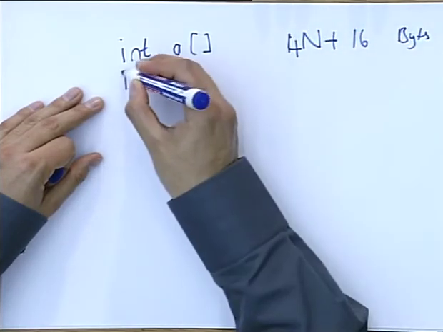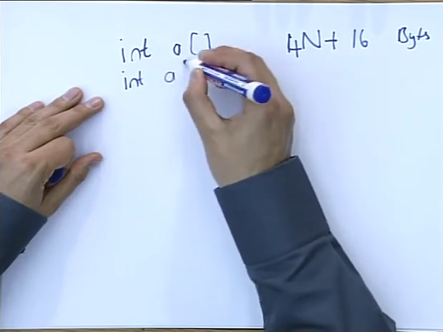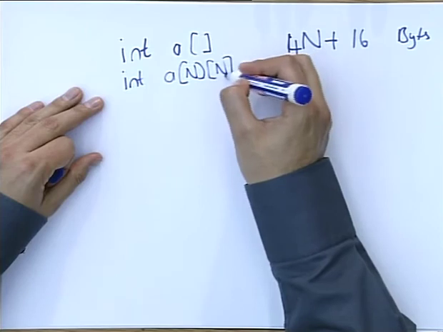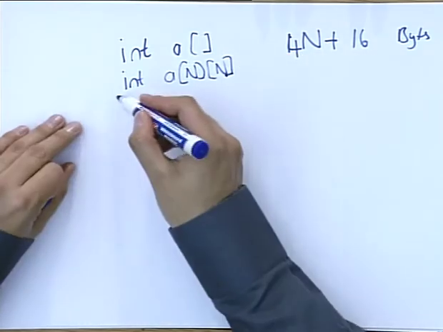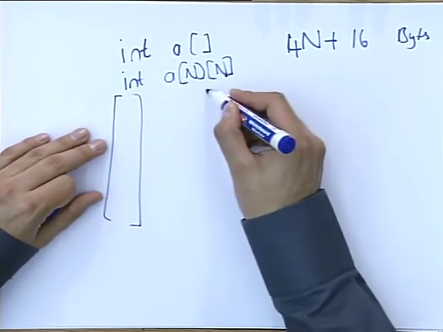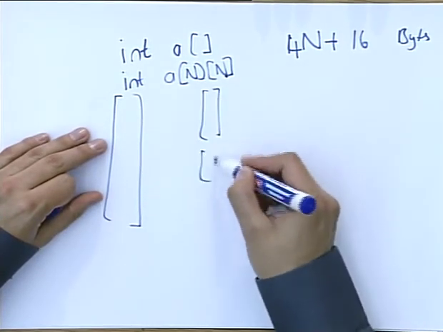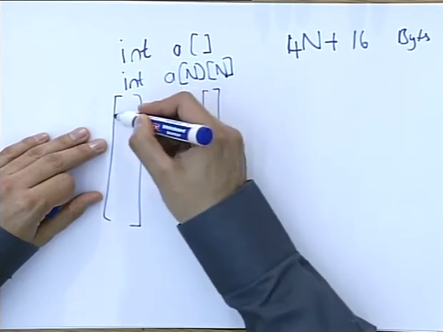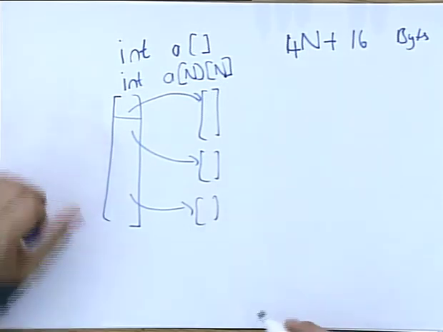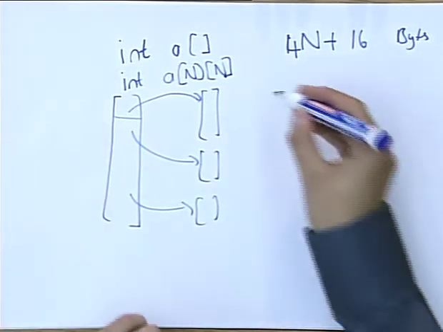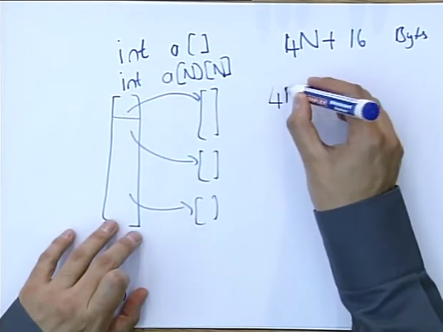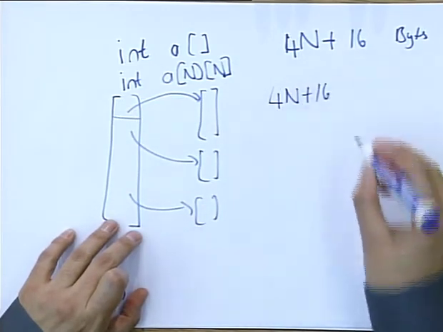Now I have an array int a, and let's make it of size n by n. Now remember, how Java is storing this is it's storing references to arrays of size n. So the first element in this array is pointing to this one, it's pointing to this one, it's pointing to this one. So we end up with, for this array, we need 4n plus 16 bytes.